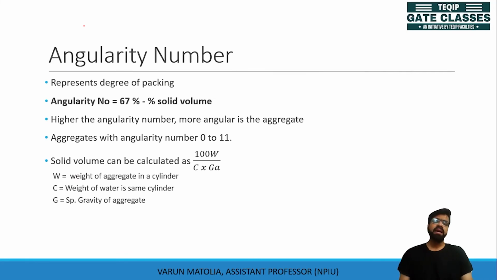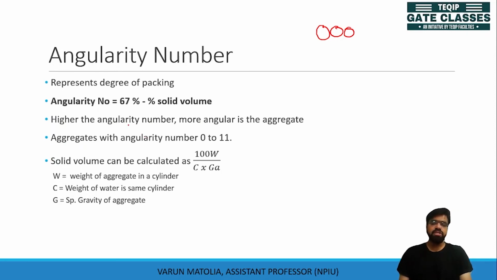Then it is the angularity number. What is the angularity number? If a particle is round, it will not give you proper interlocking. We want aggregates to be a bit angular but not flaky. So we check the aggregates for their surface texture or angularity. The angularity number is the value of aggregate angularity.